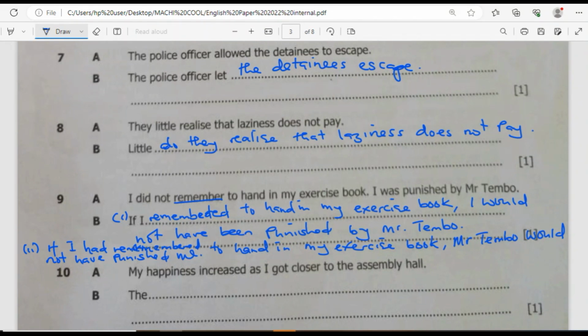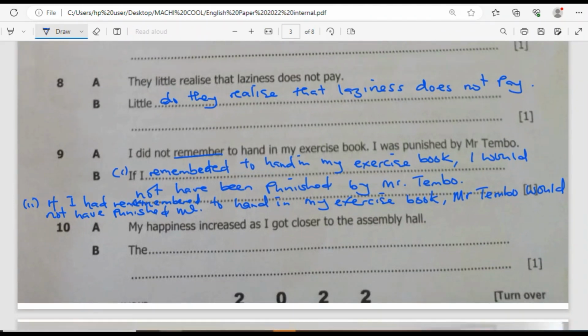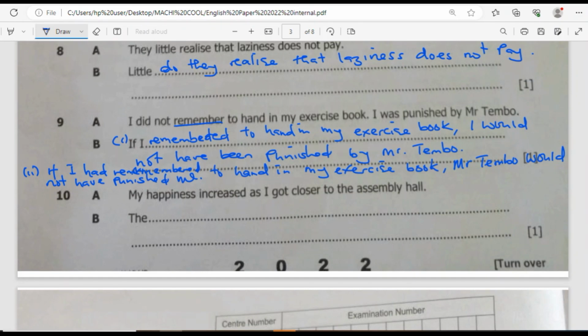So he or she was punished because he or she didn't hand in the book to Mr. Tembo. Number 10. My happiness increased as I got closer to the assembly hall.